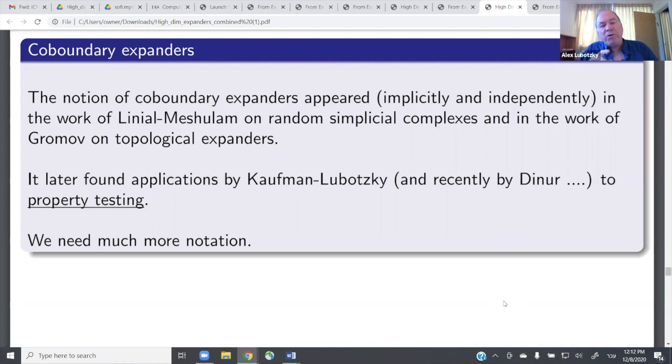In their initial work they work only on two-dimensional complexes, and they say the following: we are taking n vertices, we take the complete graph on the n vertices. This is part of the complex, and then on every triangle we decide with probability p whether it is inside or not.